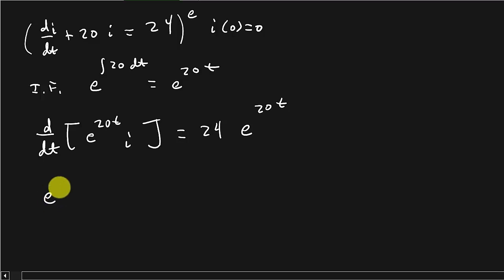That's going to give me e to the 20t I is equal to 24 over 20 out in front, so that's 1.2 e to the 20t plus c.